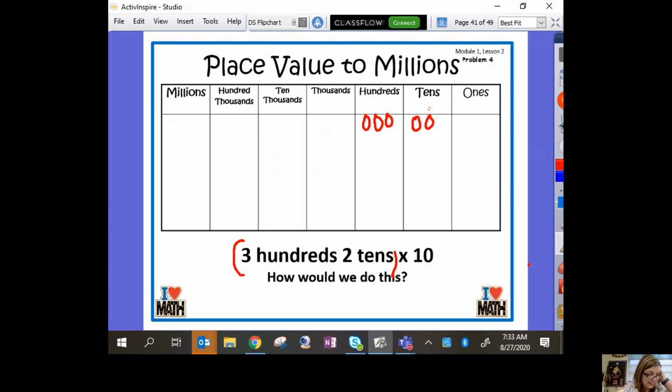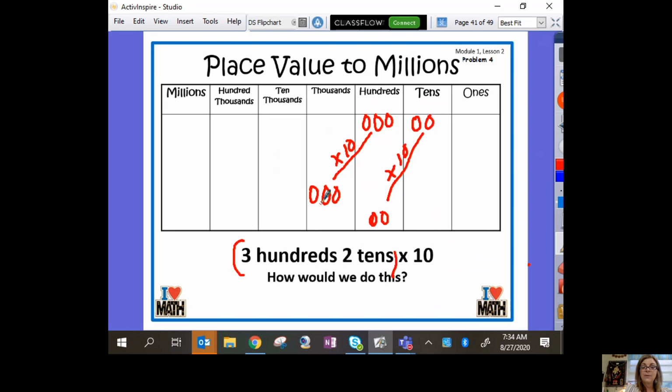My 2 10s. 1, 2 10s. And I know that if I'm multiplying this, I'm going to go to the next column. So I'm going to say times 10 moves these 300s to my thousands column. And then here, when I multiply times 10, it moves these 2 10s to my hundreds column.